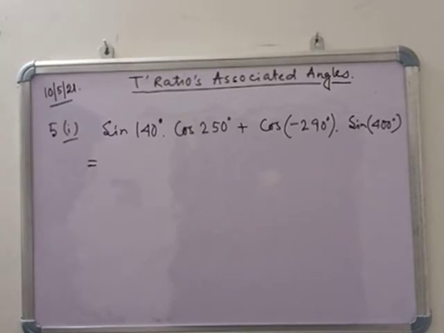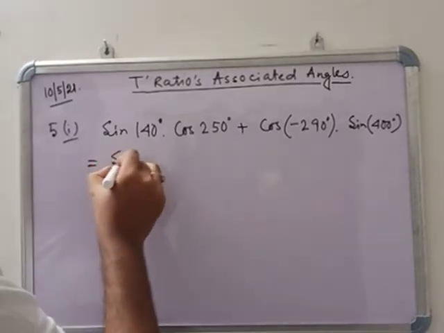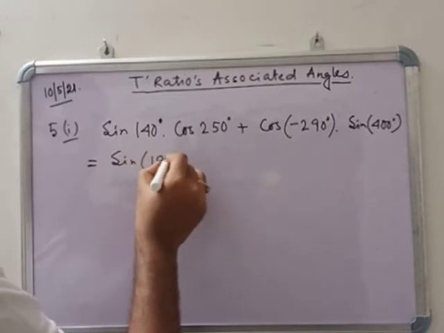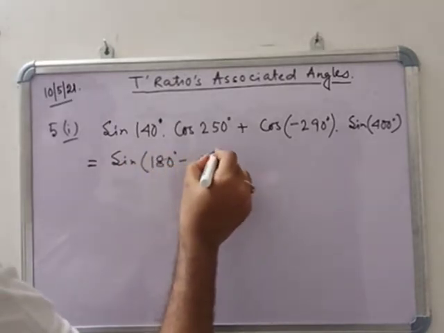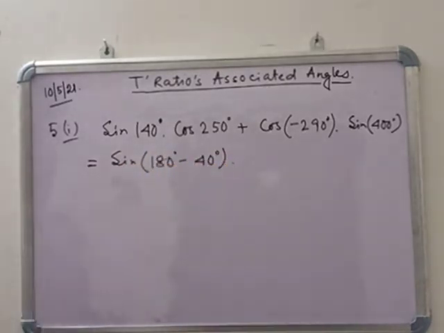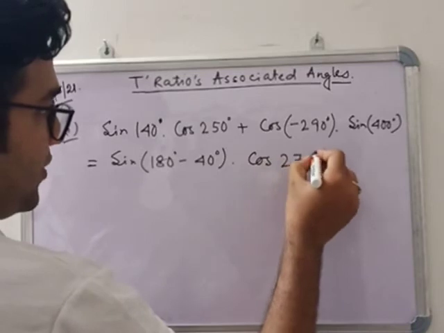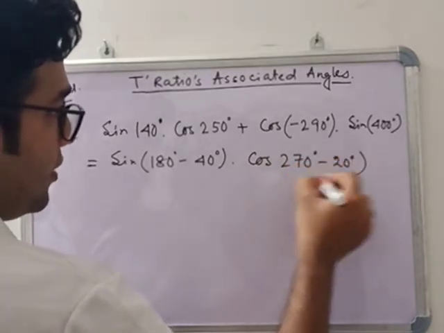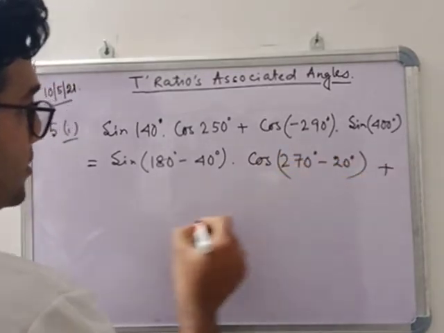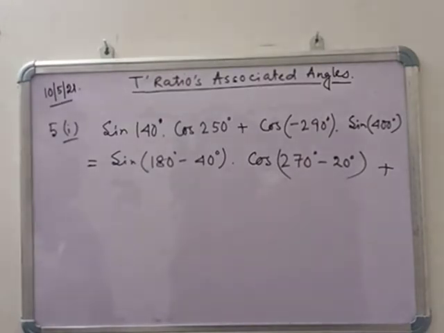So sine 140 degree, that means 180 minus 40. So sine 180 degree minus 40 degree. Cos 250 degree, that means 270 minus 20. So cos 270 degree minus 20 degree plus cos minus 20 degree, that means cos of minus theta equals cos theta.